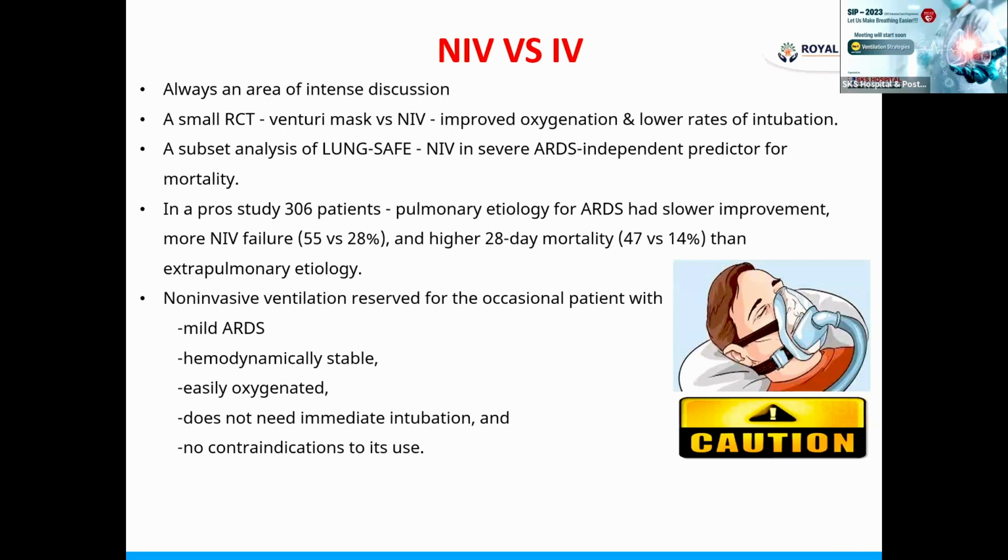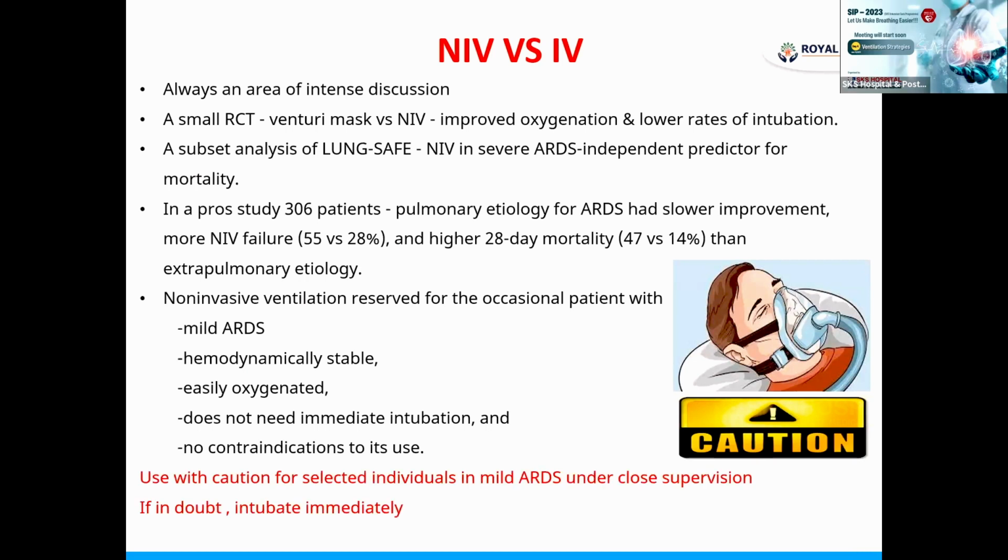So where are the situations in which we can use NIV? It can be reserved for occasional patients with mild ARDS, hemodynamically stable, who are easily oxygenated and do not need immediate intubation, and there are no absolute contraindications of NIV, such as poor airway reflexes or a low GCS. If those things are not there, you can try NIV.